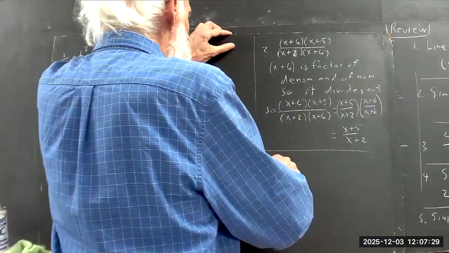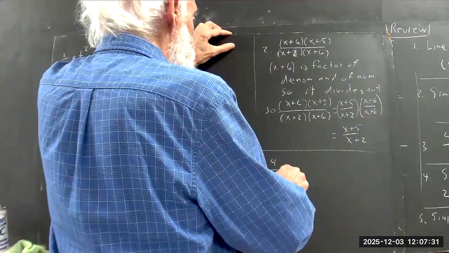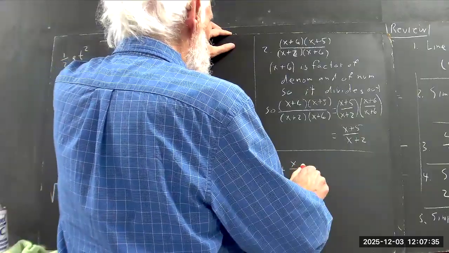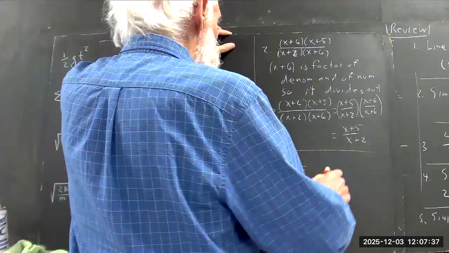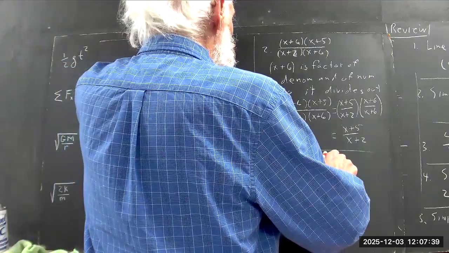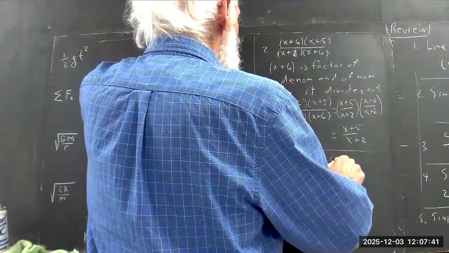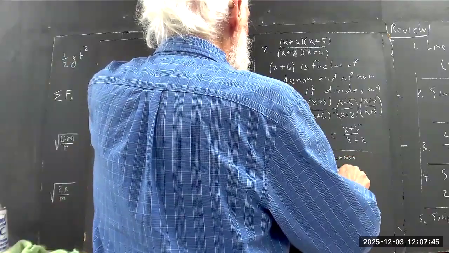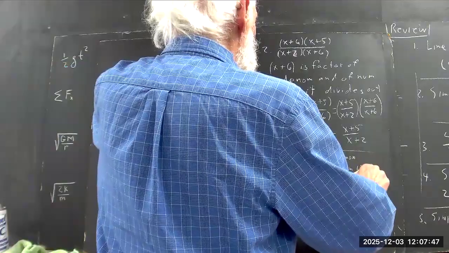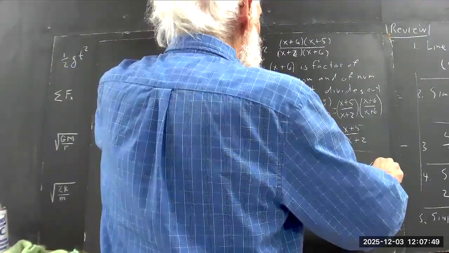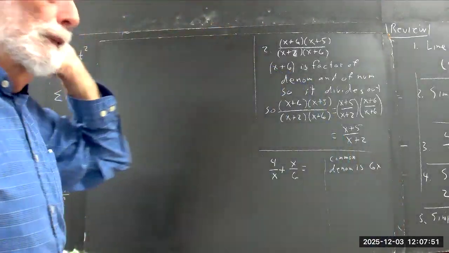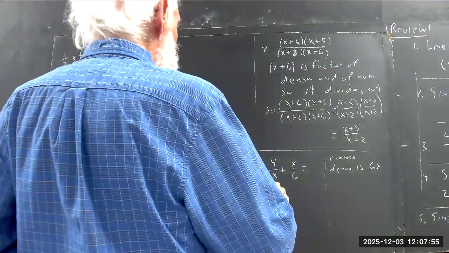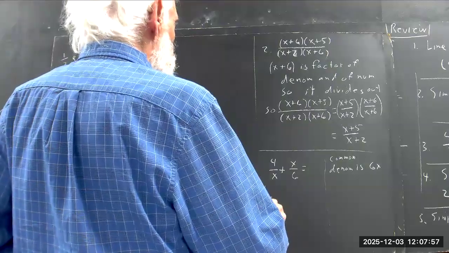Okay. Now 4 over x plus x over 6 equals what? Well, over here we'll write what we're doing. Common denominator 6x. So this equals 4 over x.